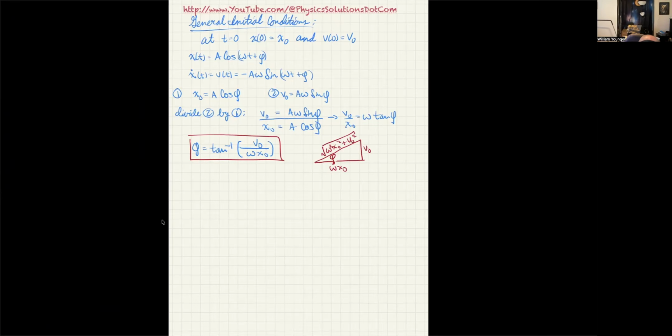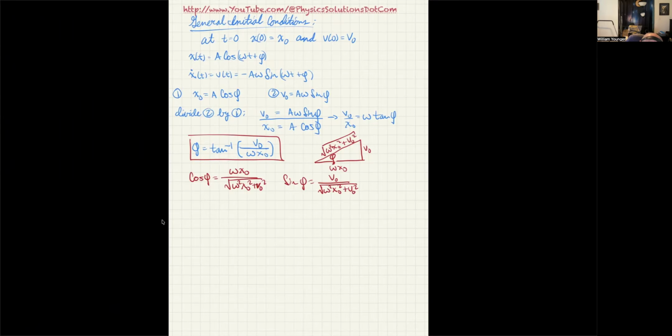So now we can figure out that cosine of phi would actually equal adjacent over hypotenuse. That would be omega x0 over the square root of omega squared x0 squared plus v0 squared. Similarly, we could say sine of phi is equal to opposite over hypotenuse. That would be v0 over the square root of omega squared x0 squared plus v0 squared, like that.